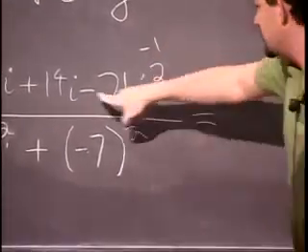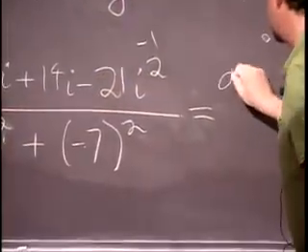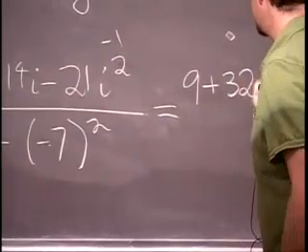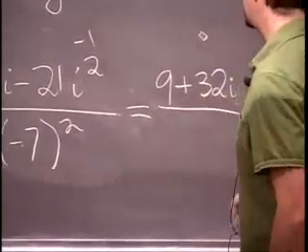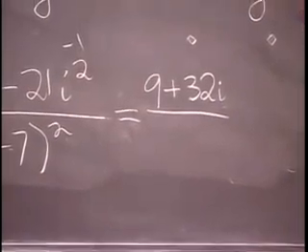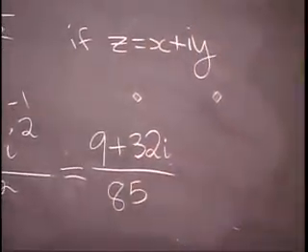So actually, this will give me a plus here, and I'll get 21 minus 12 is 9. So I get 9 plus 32i all over 6 squared is 36, 7 squared is 49. I add them up. 49 plus 6 is 55, plus 30 is 85. I get 9 plus 32i over 85.